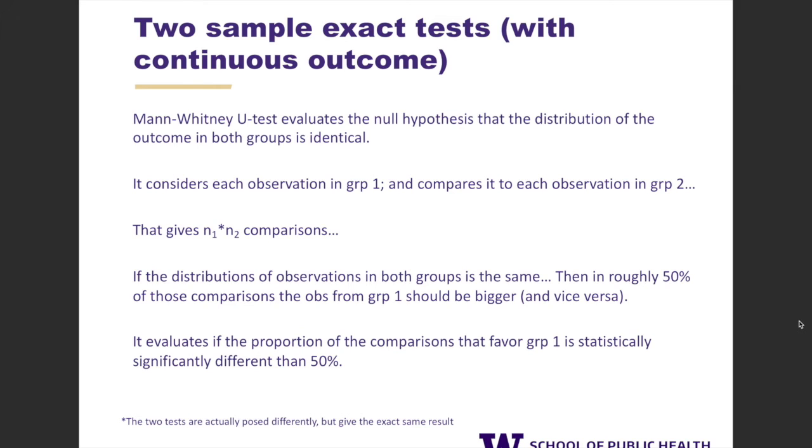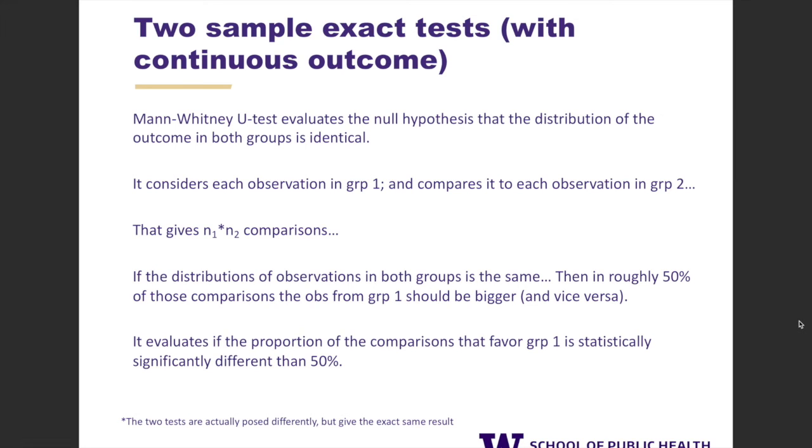It then takes the second observation in group 1 and compares it to each observation in group 2. And it goes through and does this with all the observations in group 1. So at the end of that process, we would have 5 times 10, we would have 50 comparisons. And if n1 and n2 are the number of observations in group 1 and group 2, then we would have, in general, n1 times n2 comparisons.